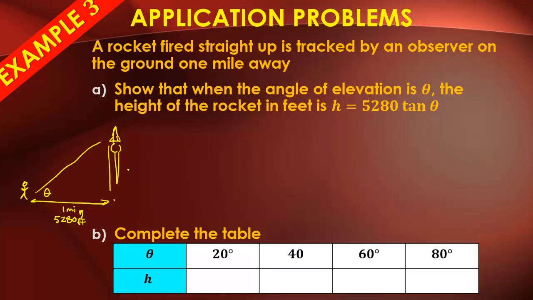And say, well, I need to find the height, which is my opposite of theta. Because I have my adjacent, that's going to be tangent of theta equals my height, which we're calling h. So opposite over adjacent, which is 5280. Which would then give us, to solve for h, we'd have to multiply both sides by 5280.